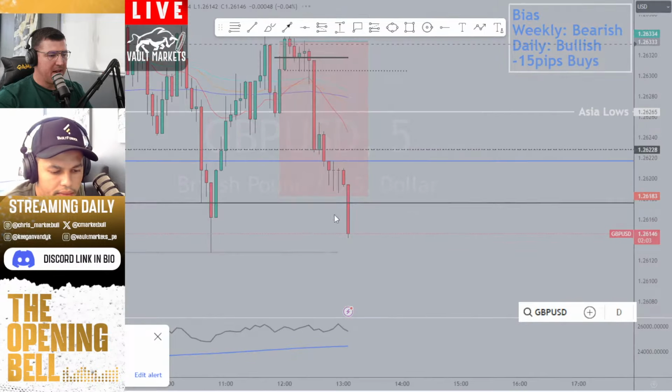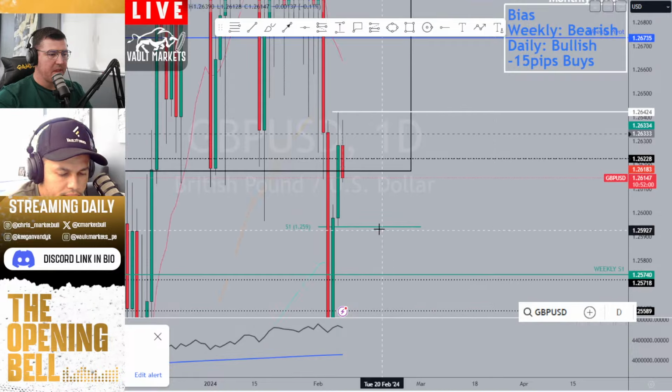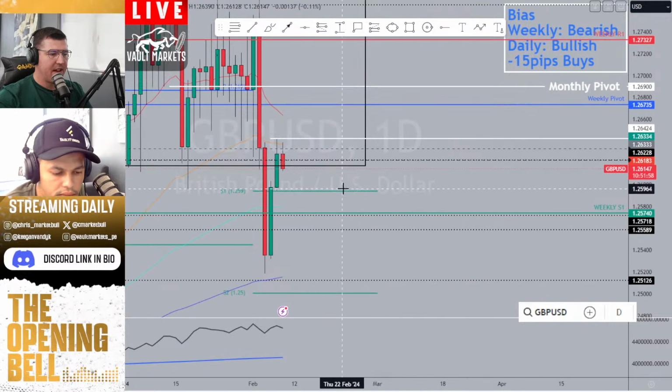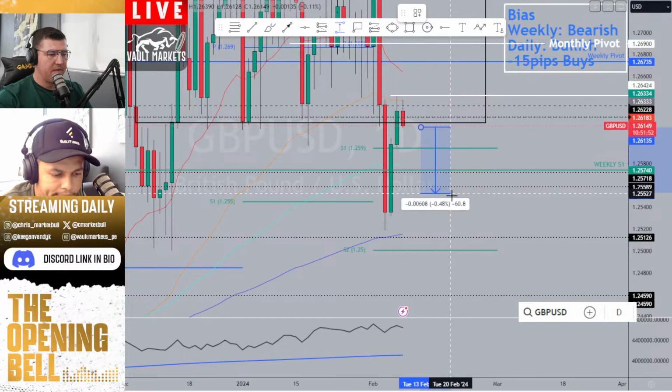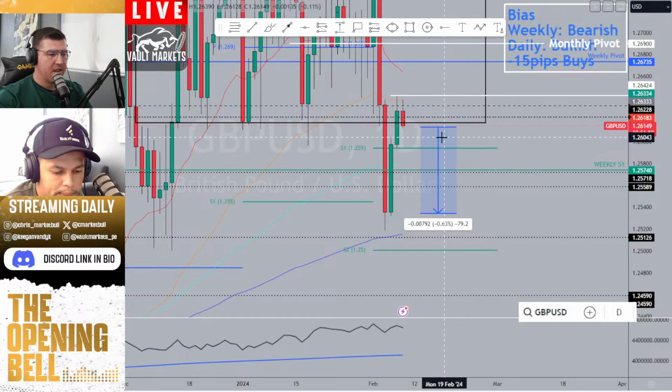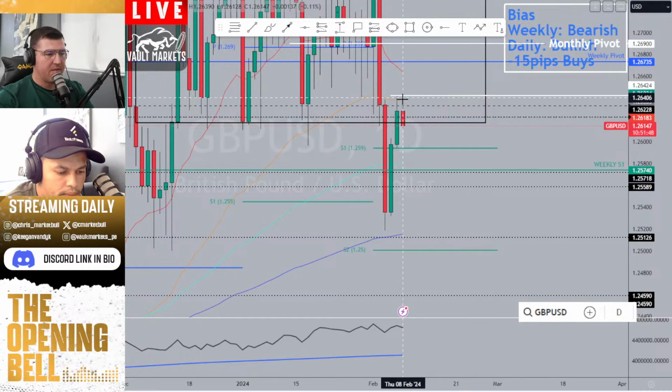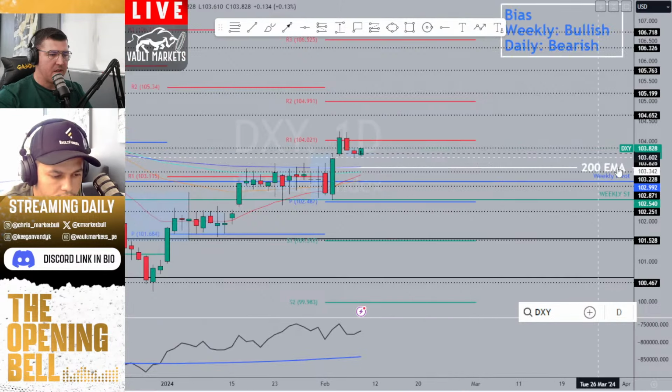Daily time frame, as mentioned. If we close outside of this daily range today, very likely tomorrow we're going to continue this move down for the rest of the week. And that was the high of the week being established yesterday. And then also the dollar.